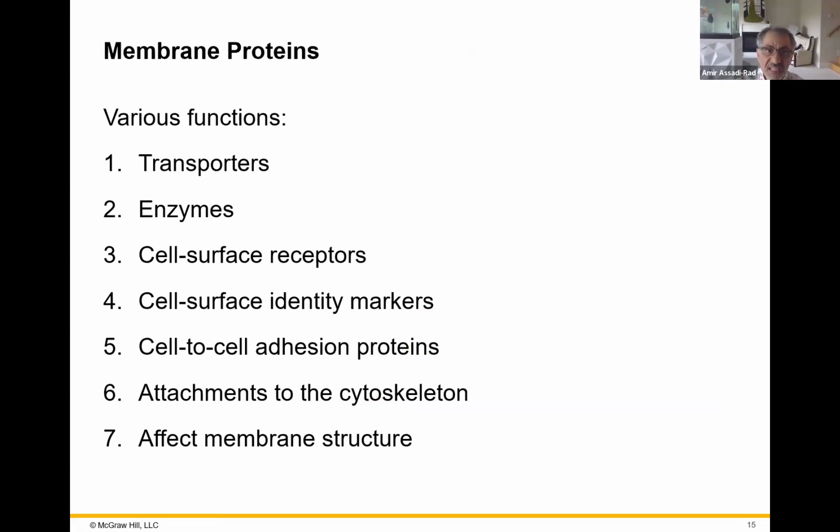Membrane proteins and their functions are very, very important. I will ask you a lot about that. We need to know this for the rest of the semester. Transporters, enzymes, cell surface receptors, cell surface identity markers, cell-to-cell adhesion proteins, attachment to cytoskeleton, and affecting membrane structure.